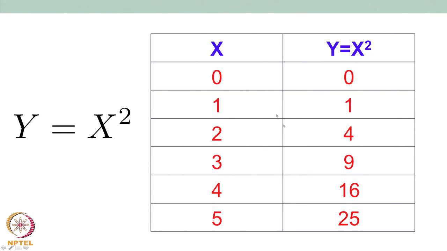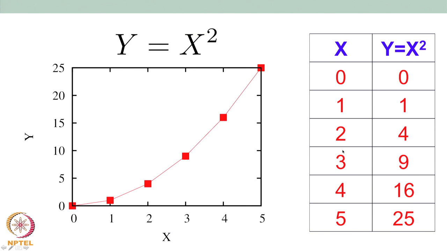We can plot x versus y, and the plot would look like this, where on the y axis we have the second column, and on the x axis we have the first column.